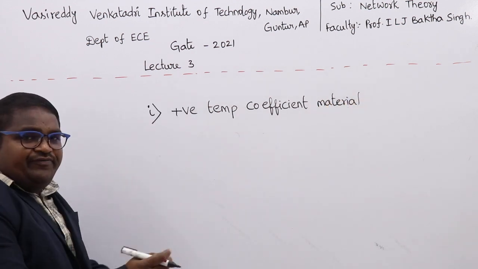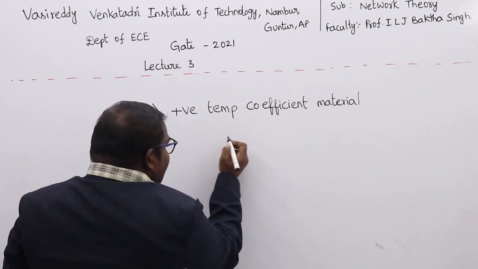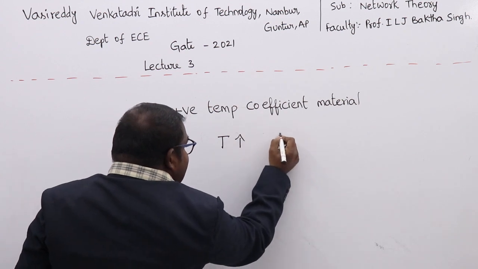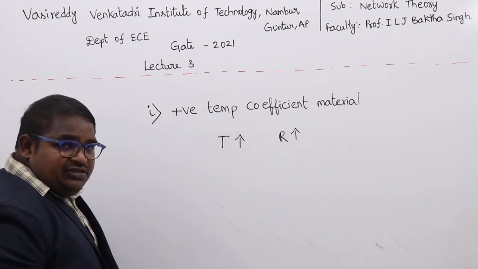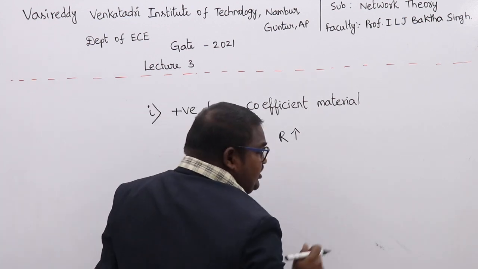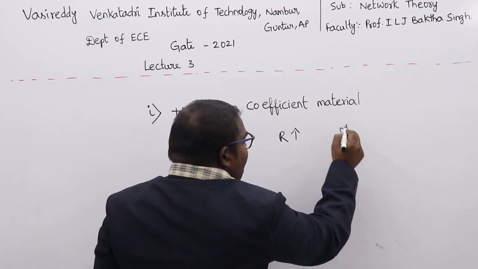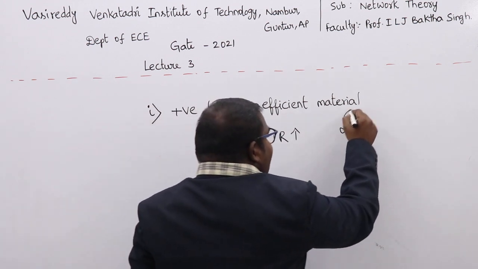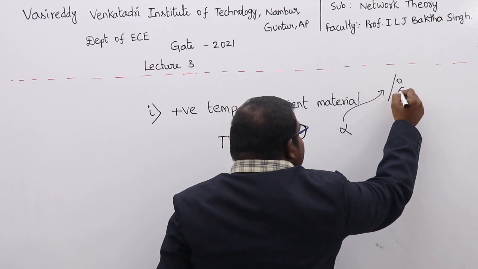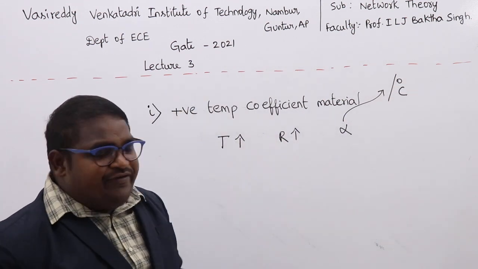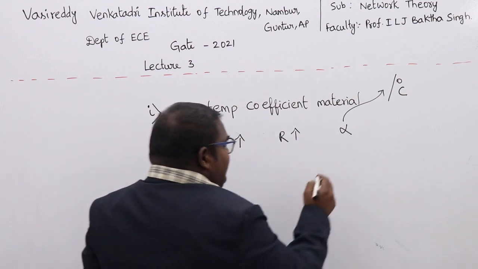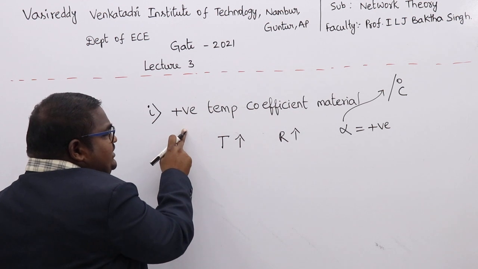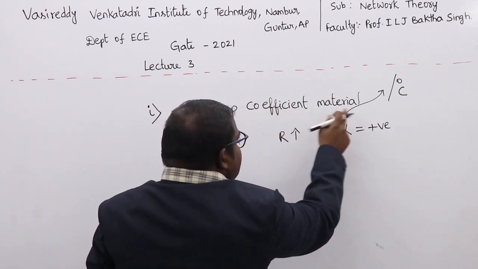Here, when temperature increases, resistance also increases. So I want to define one temperature coefficient, which is called alpha. The unit of alpha is per degree centigrade, and here the value of alpha is positive. Therefore the name is positive temperature coefficient material.